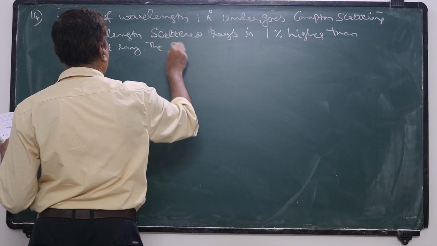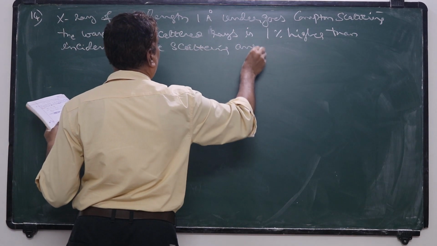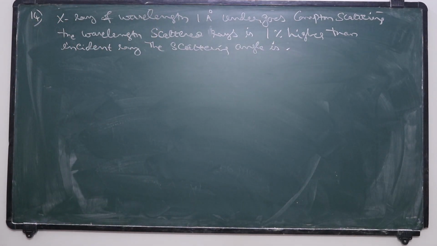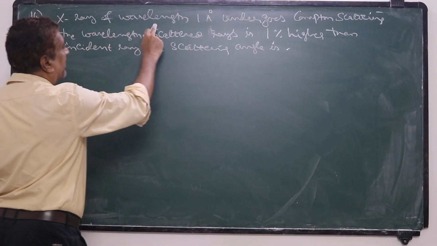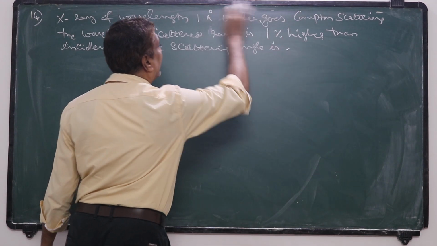The scattering angle is? To solve this, it is given that the incident ray wavelength is 1 Armstrong, whereas the scattered ray is 1% higher than this one.